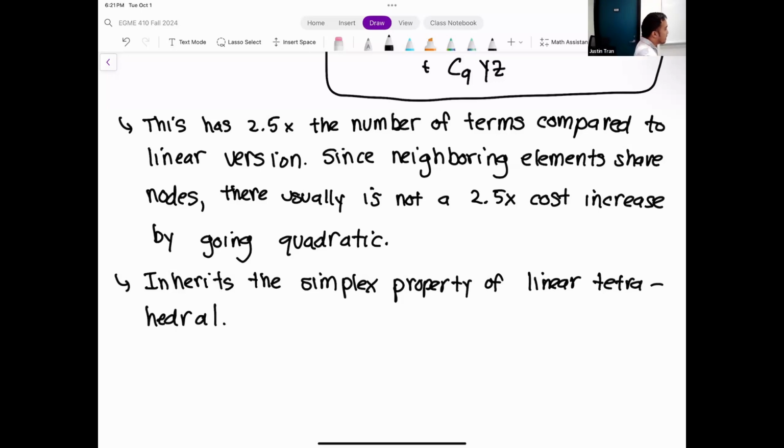So the simplex property is very valuable. So that means that you can produce a mesh with quadratic tets basically 99% of the time. Okay. It still has the negative property that it struggles to fill space, and so your mesh is going to be a little bit inefficient. It's going to take a lot of elements to fill the space.